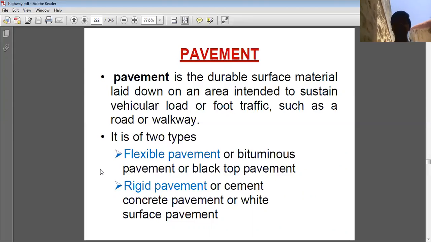Rigid pavement is normally provided in rural areas and some city lanes.